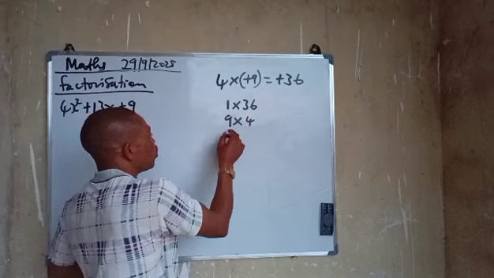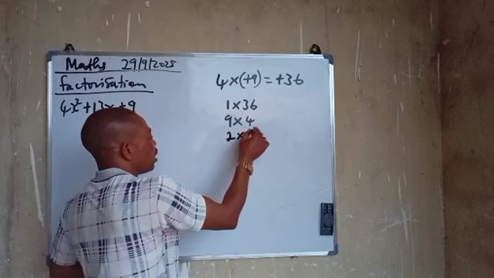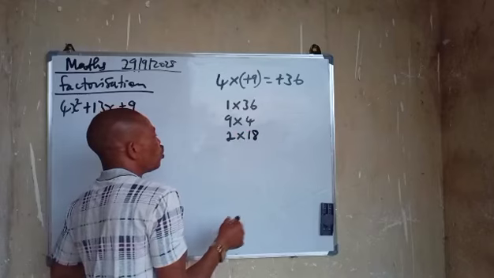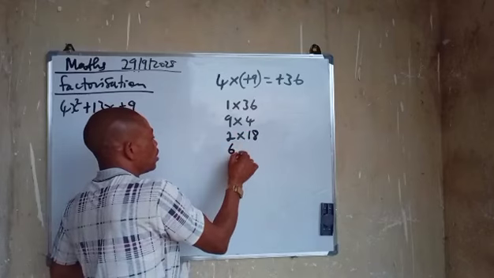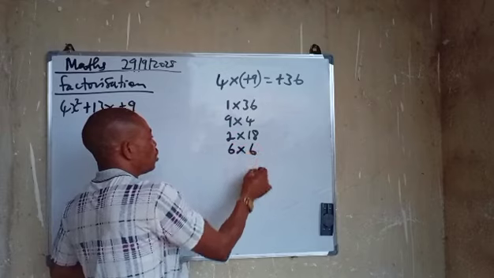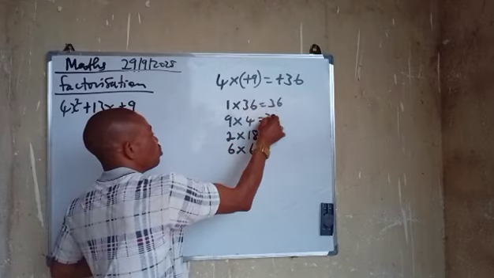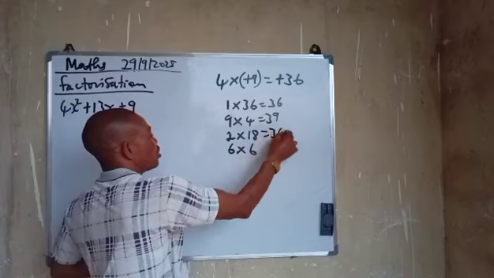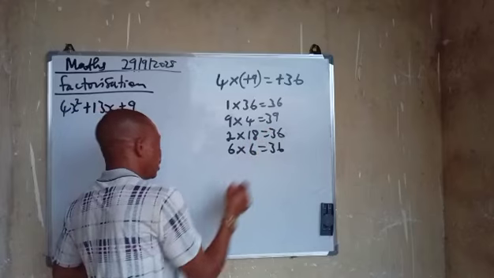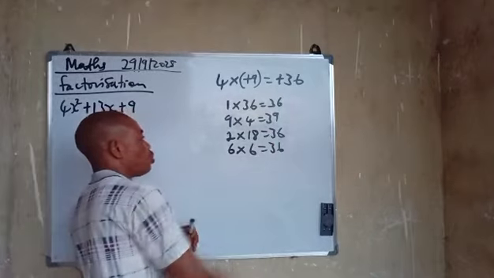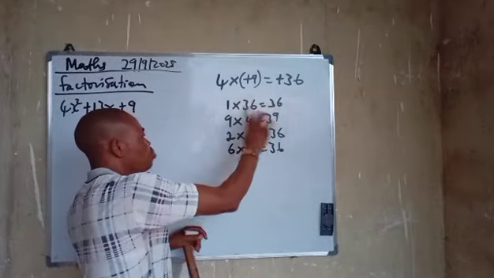We have 2 times 18 will give us 36. Then 6 times itself will give us 36.